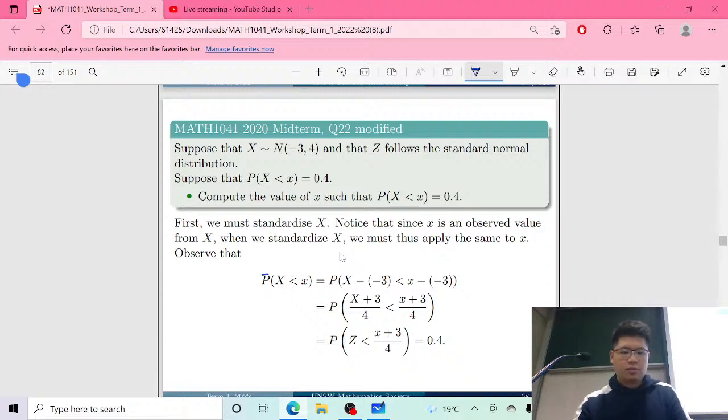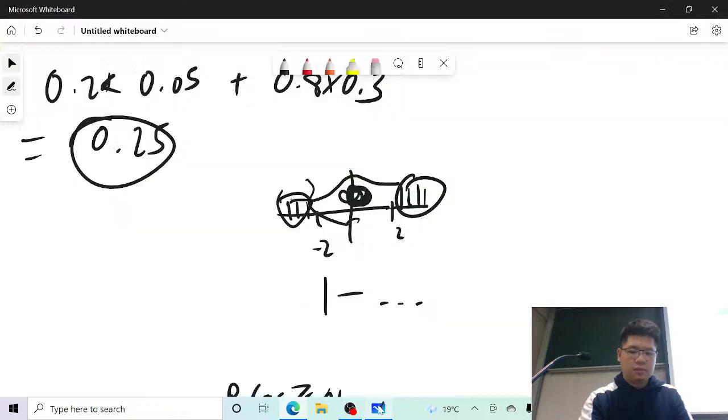So there's a tricky question right here. Suppose that X is normally distributed with mean -3 and variance 4, and that Z follows the standard normal distribution. Suppose that P(Z less than x) equals 0.4. Now compute the value of x such that this probability is equal to 0.4. So I'll just try to write that down.